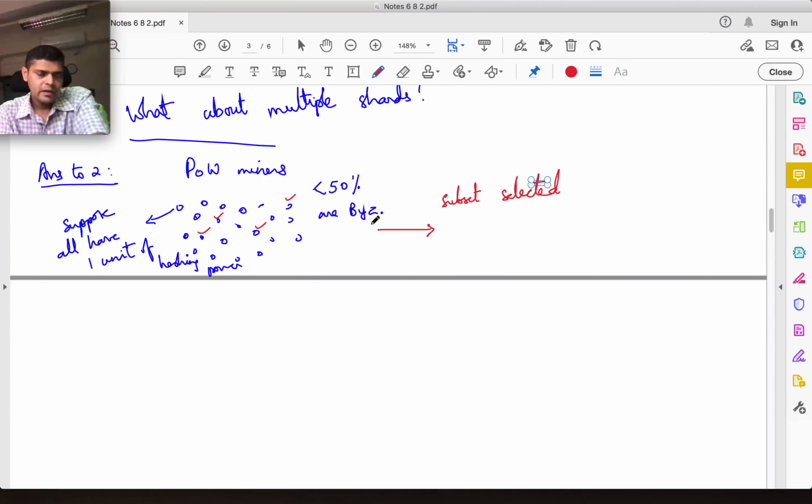In general, there is a non-zero probability, a fairly large probability even, that we would have larger than this threshold of 50% being Byzantine.